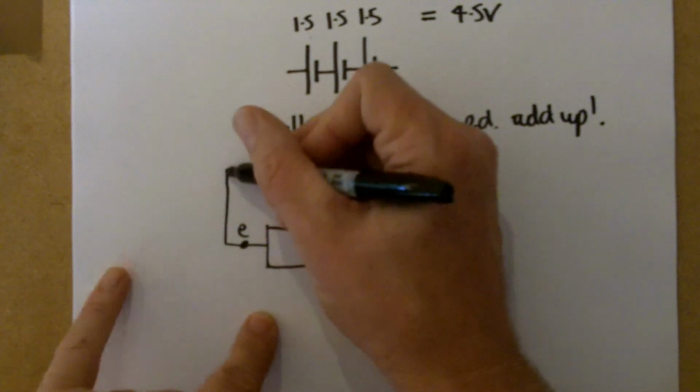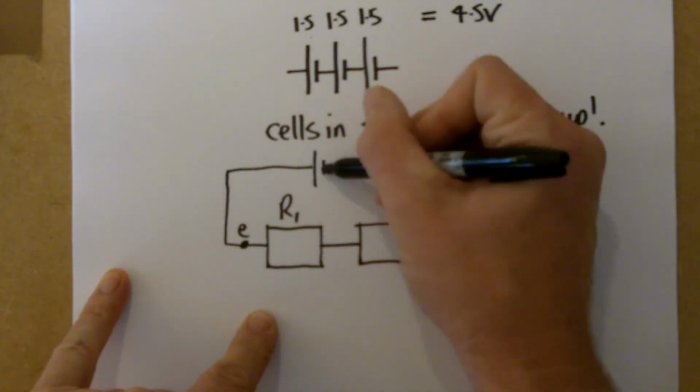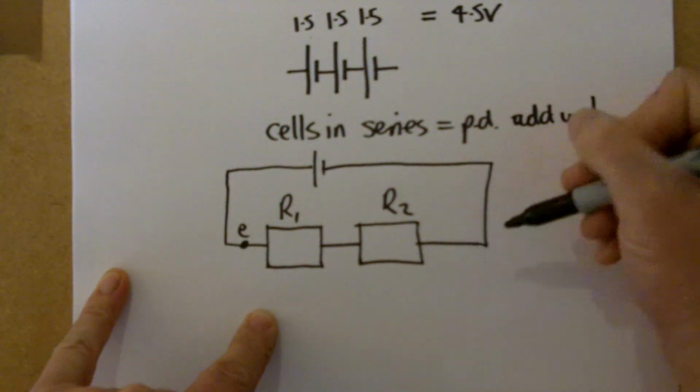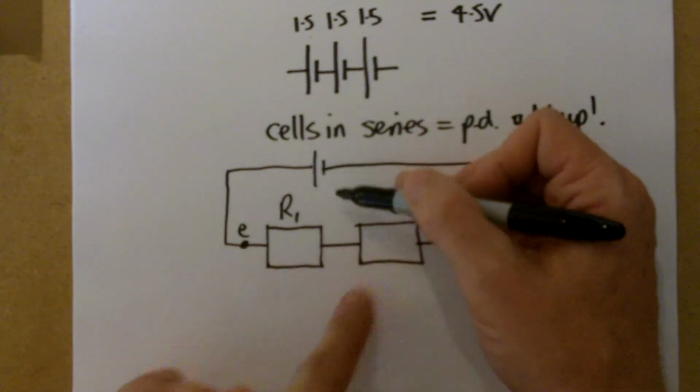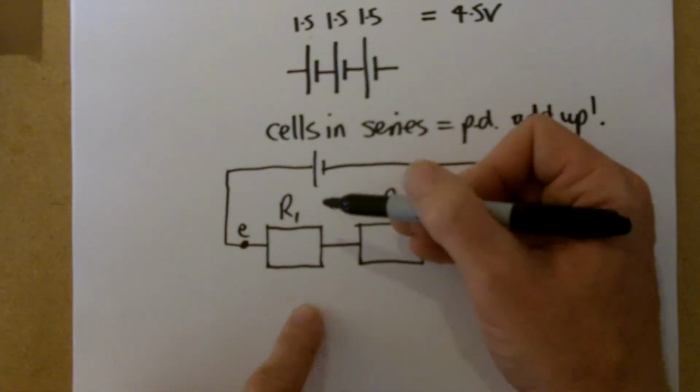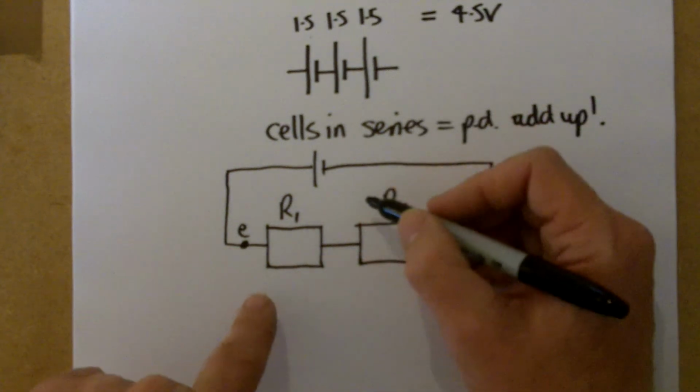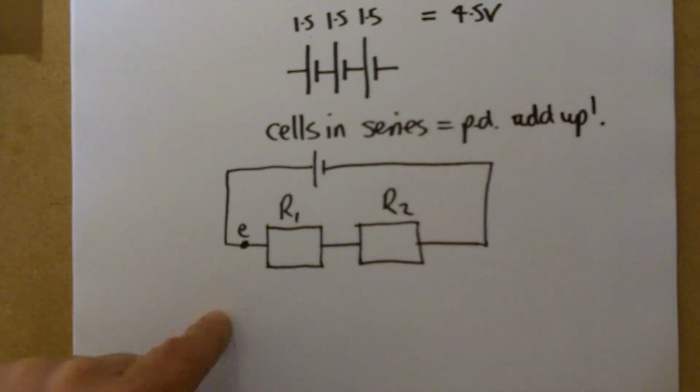Or to think of it from the point of view of a cell, then the cell has got to do much more work if there's 2 resistors than if there's 1, and therefore that will affect the way the current flows. Okay, right, going to stop there.